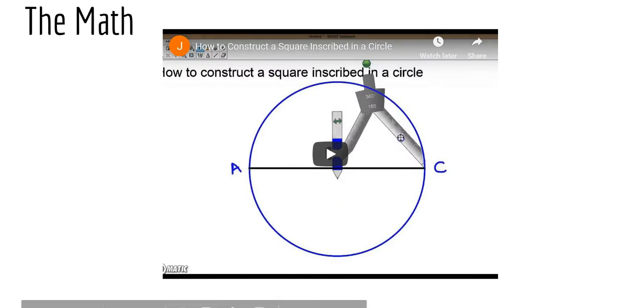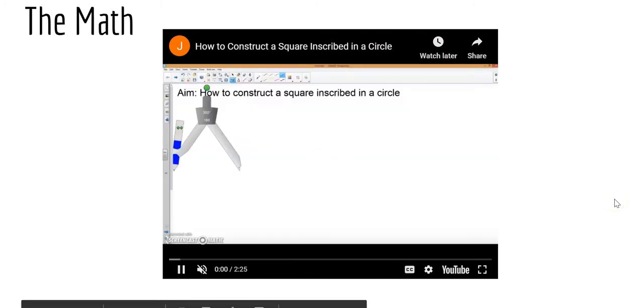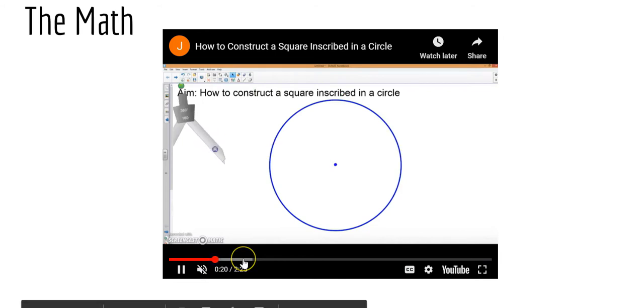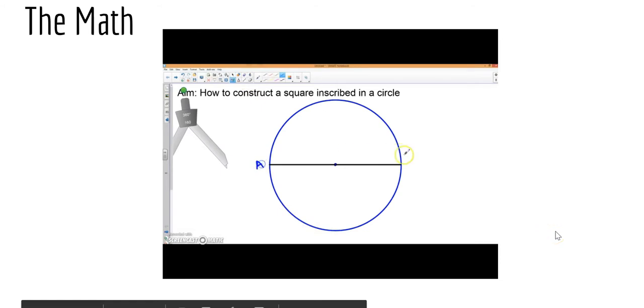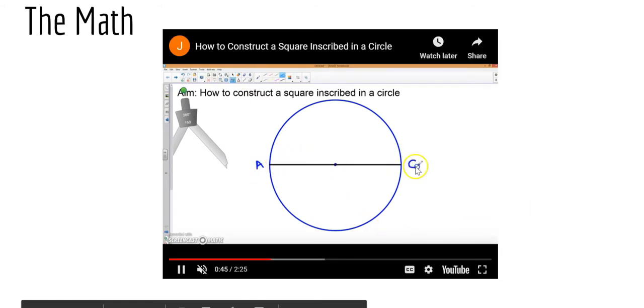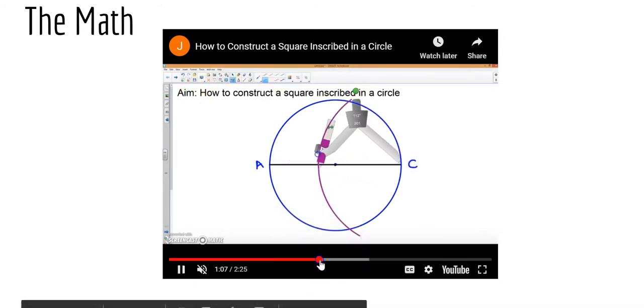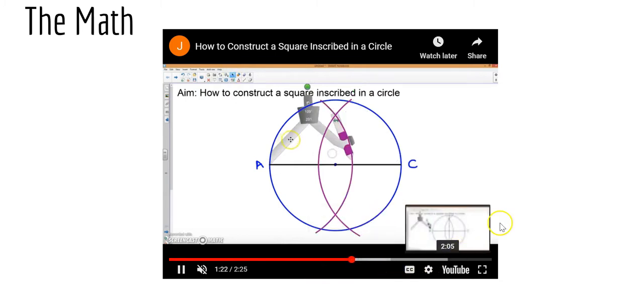Okay, really quickly, I want to show you a quick square inscribed in a circle, because this is going to be really similar to some of the work that we're doing. So if we're constructing a square within a circle, we need to create a diameter. And from that diameter, we are going to construct AC's perpendicular bisector. And that's obviously going to go through the center of the circle if AC is a diameter. So we're constructing that perpendicular bisector.